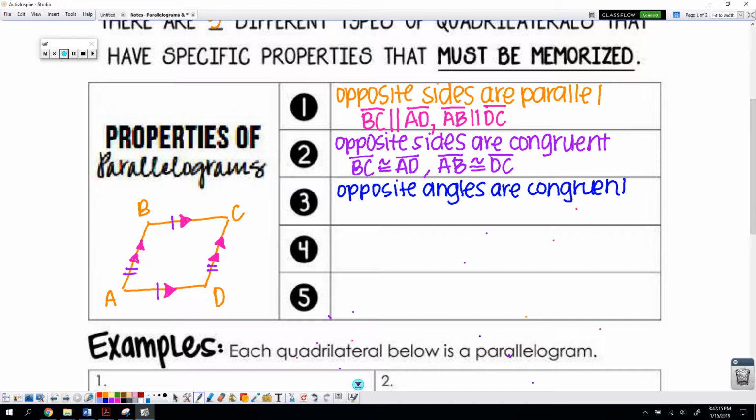What I mean by opposite angles are the ones directly across from each other. So we have angle A being congruent to angle C, and we have angle B congruent to angle D.